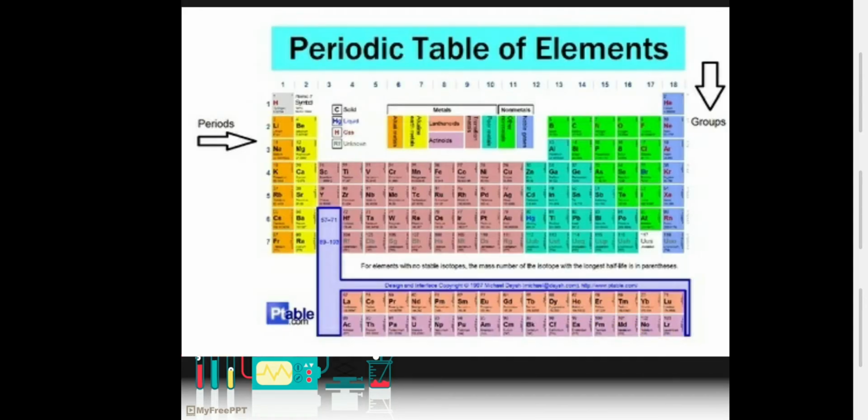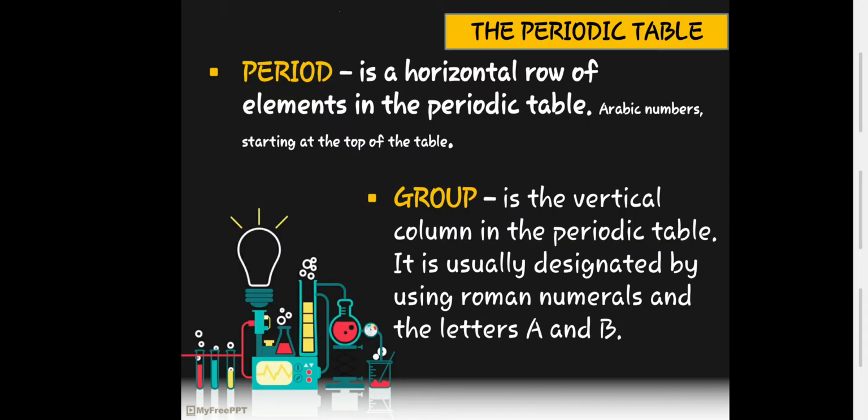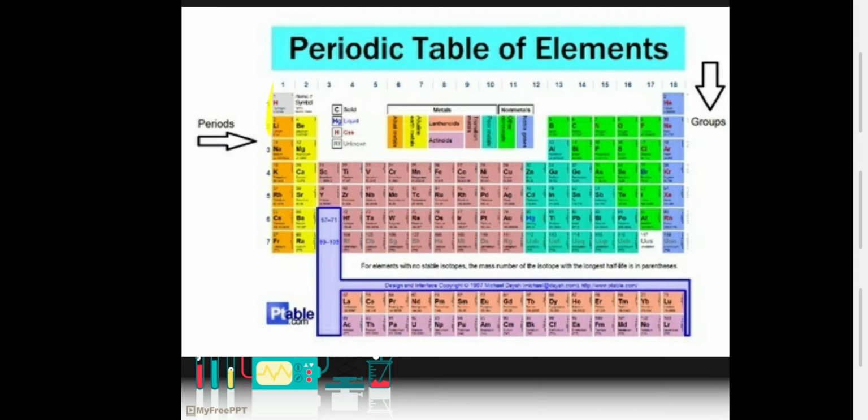Okay, next. So this is the example of periods and groups. Actually, a period is horizontal. For example, a line like that is a period. A period is a horizontal row. Follow my hand like this. That is a period. And the vertical, or group, is like this.